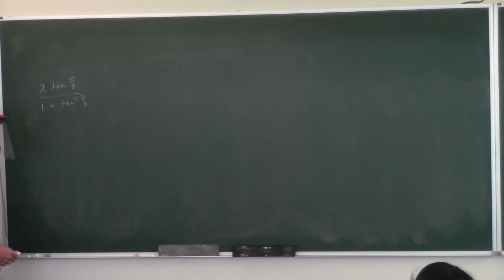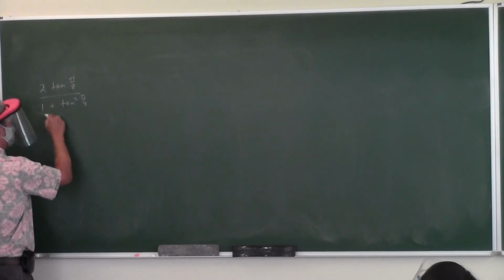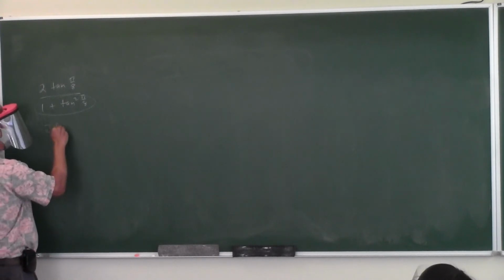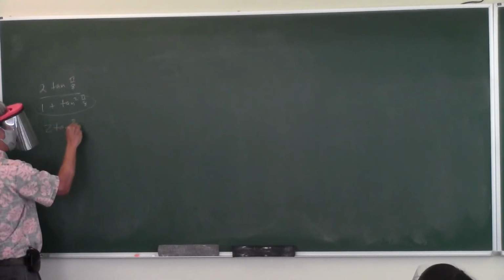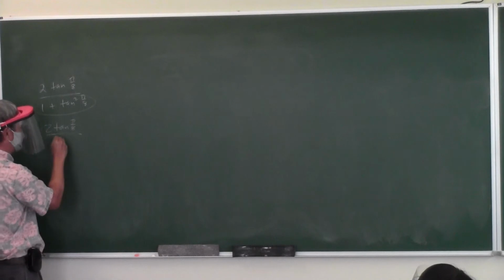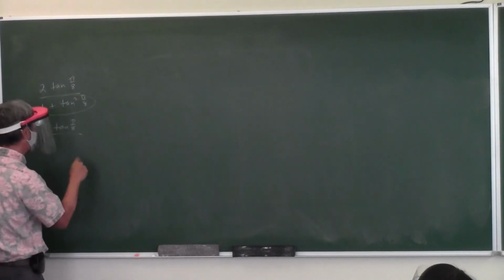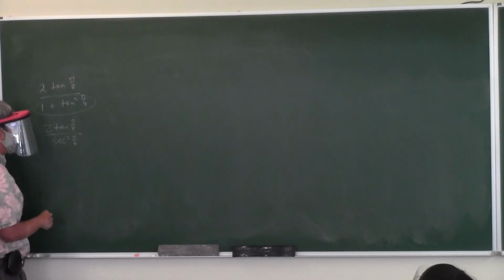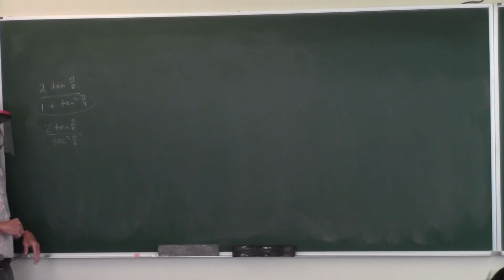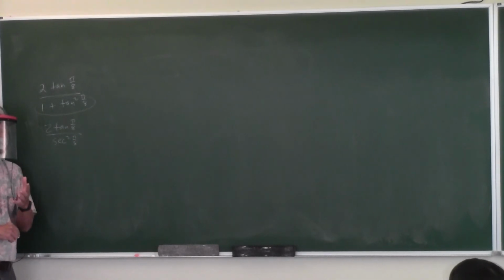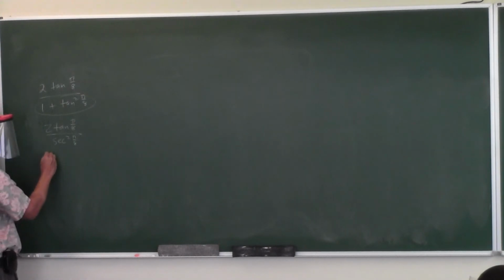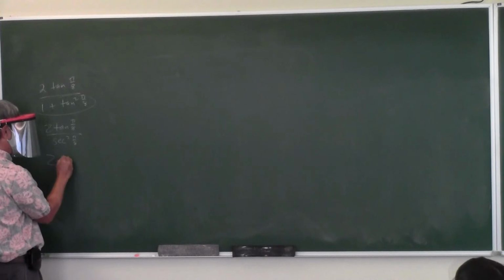Maybe there's a better way, like, hey, use an identity. That's secant squared. I hope you guys know that. You guys better know all the identities. You can bet I'm going to test you on every single one. And now, that doesn't look like an identity, Mr. Park. Well, maybe if you change everything to sine and cosine. Like I told you, if you get stuck, change it to sine and cosine. So what is tangent?